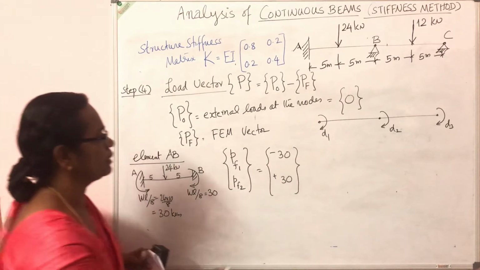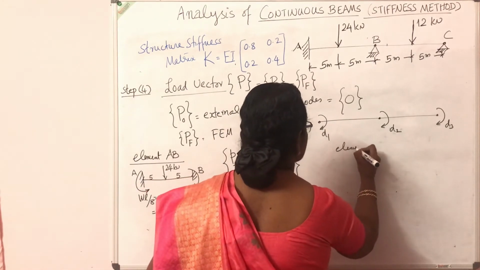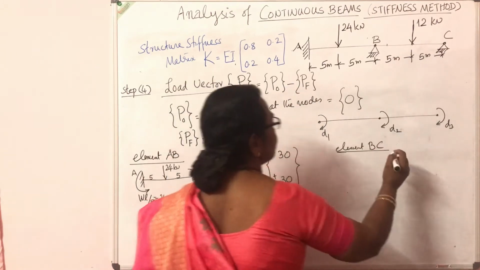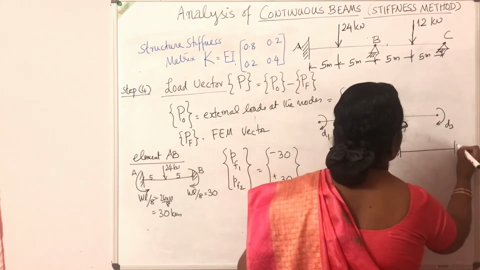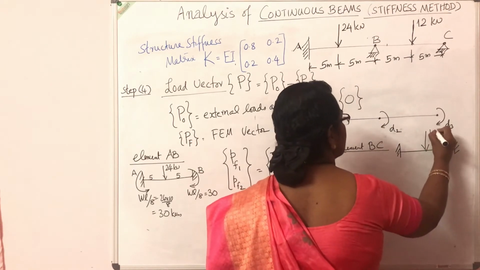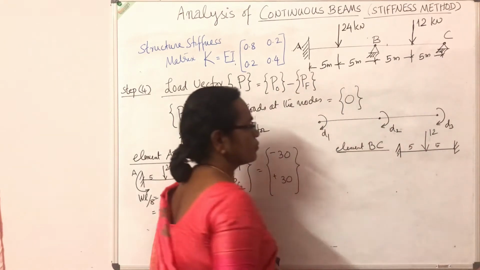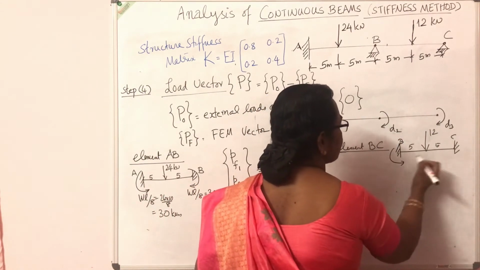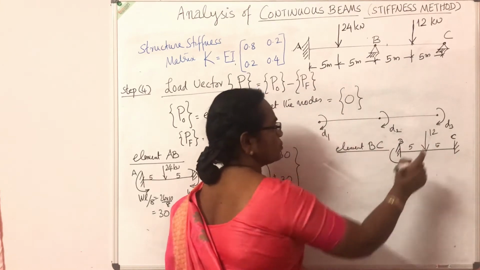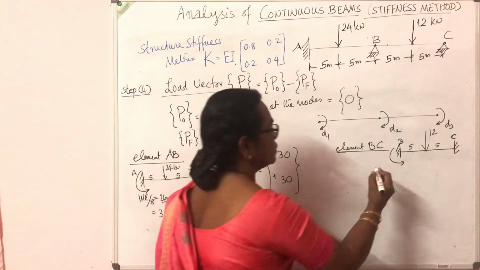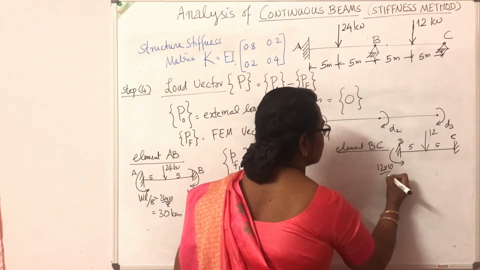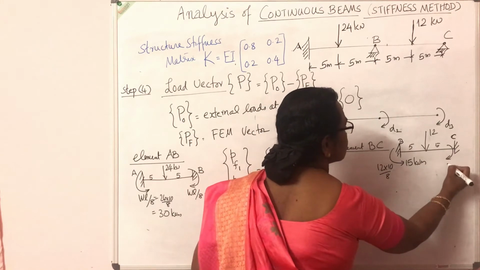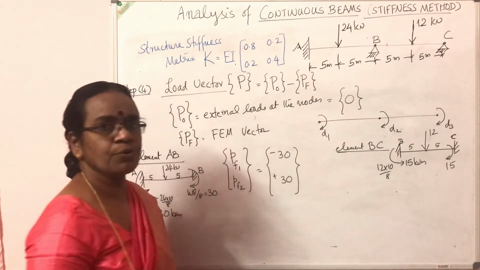Similarly for the second element BC, element BC has a load of 12 kilonewton at the center of span, and each span is 5 meter, 5 meter. So this is B and this is C. So this fixed end moment WL by 8, 12 into 10 by 8, works out to 15 kilonewton meter, and here also it is clockwise, 15 kilonewton meter.